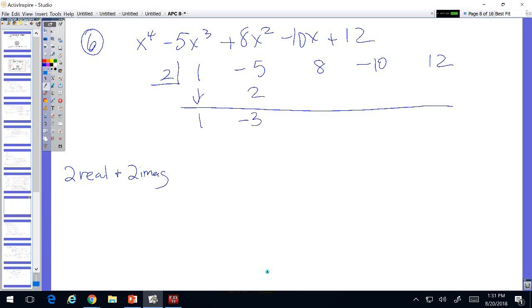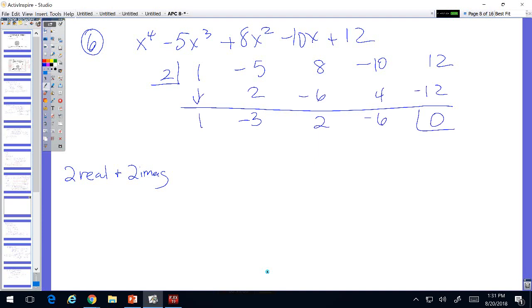Multiply, add, multiply, add, multiply, add, multiply, celebrate. Okay? Anytime you get 0, you know you're doing it right if you saw that 2 was a root. This has to be 0.